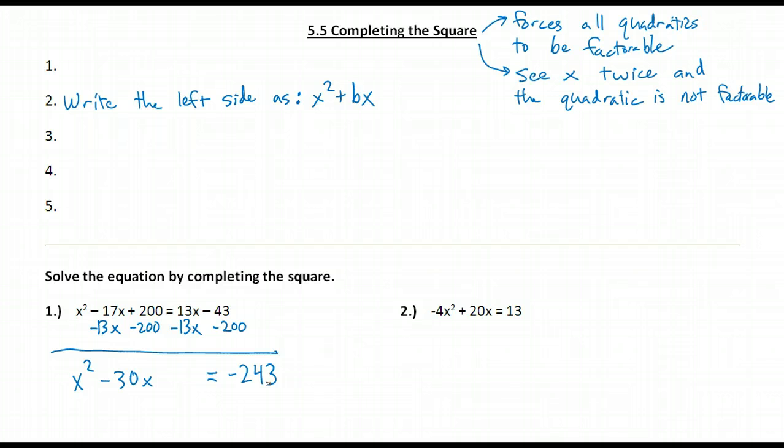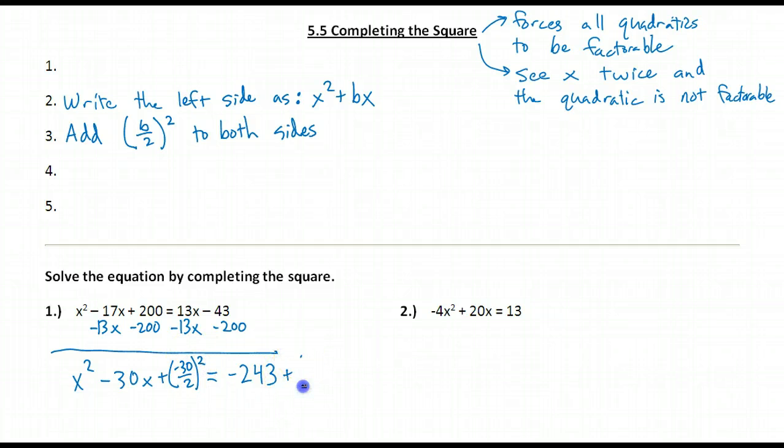Step 3. Add b divided by 2 squared to both sides of my equal sign. In this case, b is negative 30. So I'm going to add negative 30 divided by 2 squared to both sides. Negative 30 divided by 2 is negative 15.